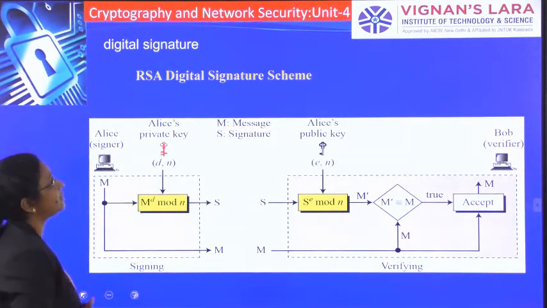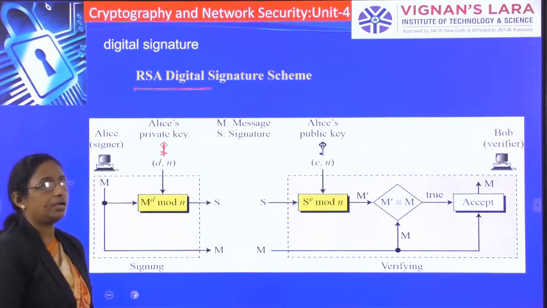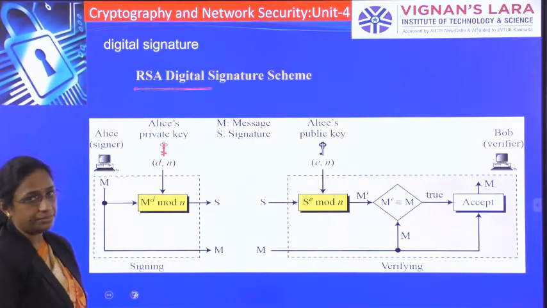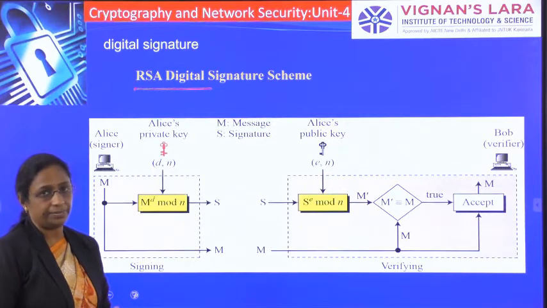The first digital signature scheme is the RSA digital signature scheme. You already know the RSA algorithm. It is an asymmetric cryptography where you use two keys, a private key and a public key.